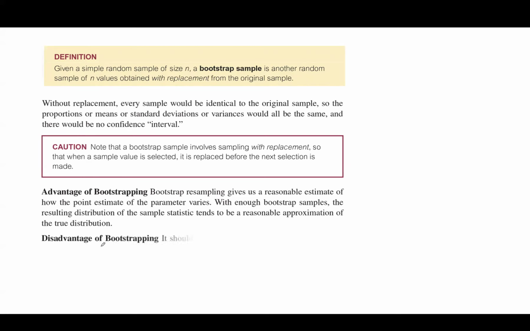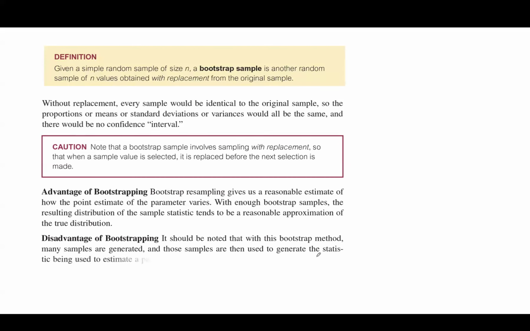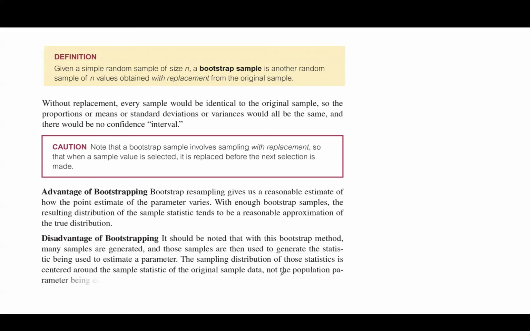Be careful about the disadvantage of bootstrapping. It should be noted that with the bootstrap method, many samples are generated, and those samples are then used to generate the statistic being used to estimate the population parameter. The sampling distribution of those statistics is centered around the sample statistic of the original sample data, not the population parameter being estimated.